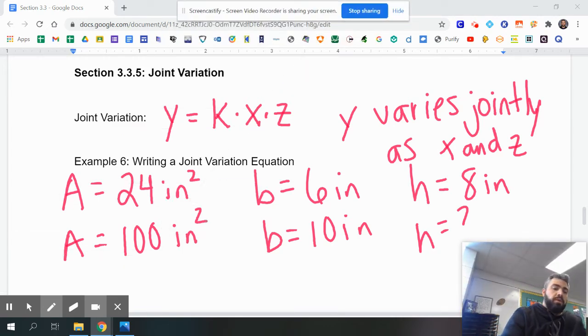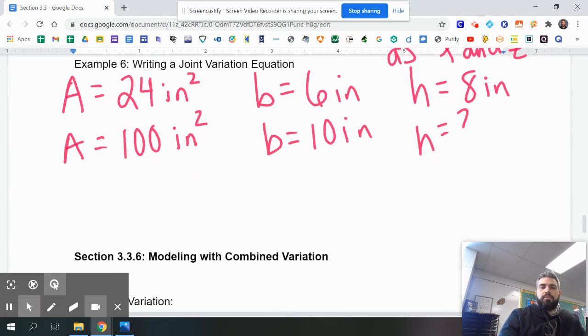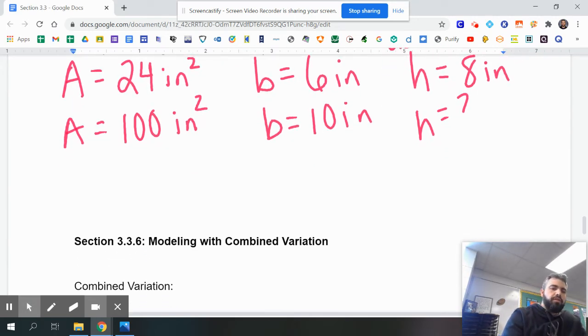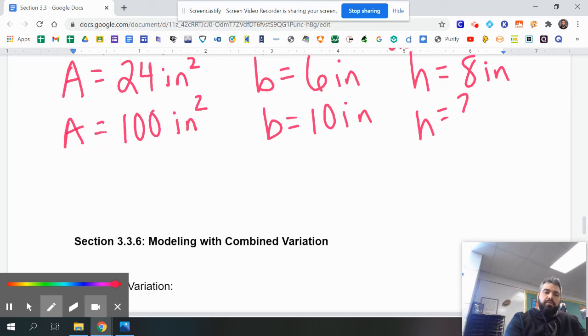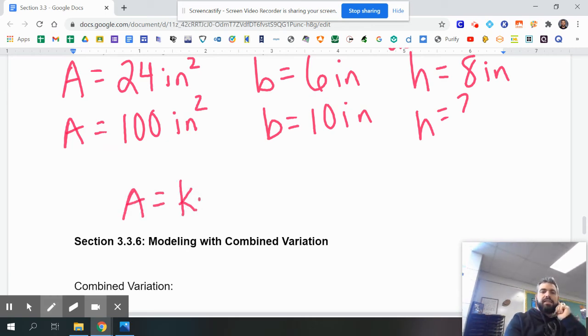So we have a problem here, okay, where we have one that says the area is going to be 24 square inches when the base is 6 and the height is 8. Now, if we think of it this way, okay, we're going to say A is equal to some constant K, we don't know what that is, times B times H, okay?